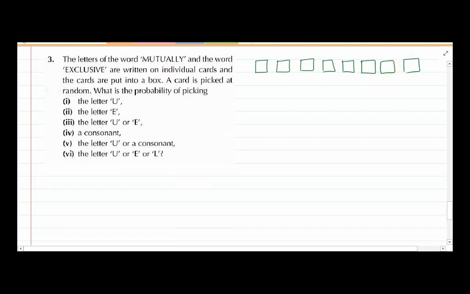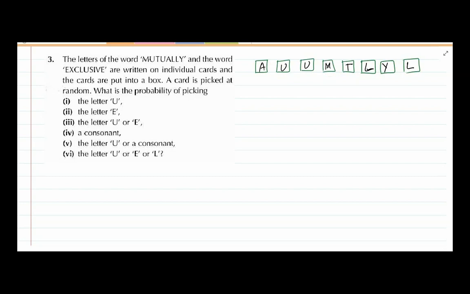And in those 8 cards I write a word mutually, so it's M U T U A L L Y, right? I write the word mutually on 8 cards. Similarly, I write the word exclusive on different cards. That is meant by the question.